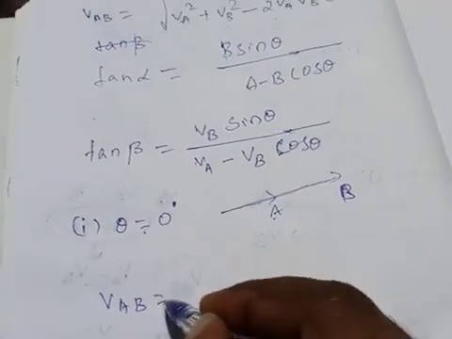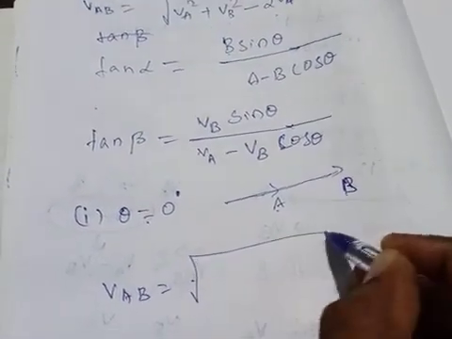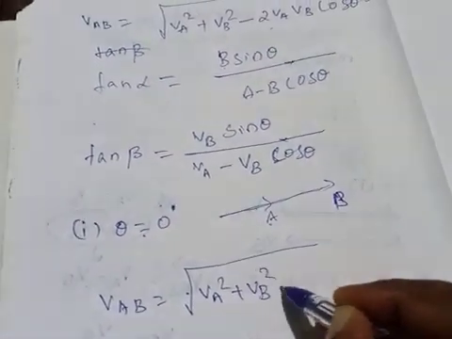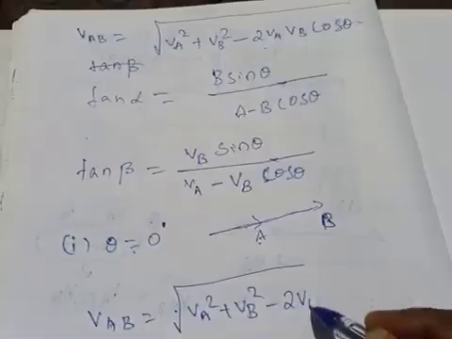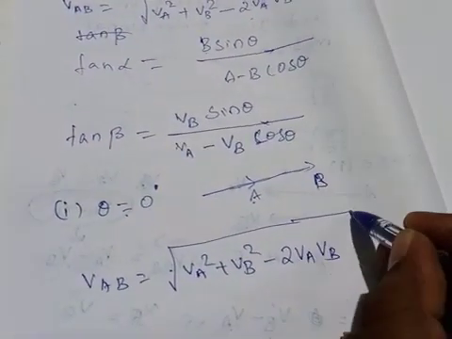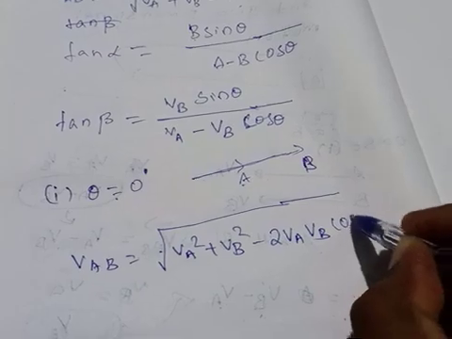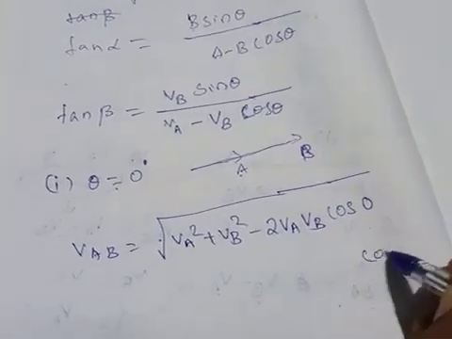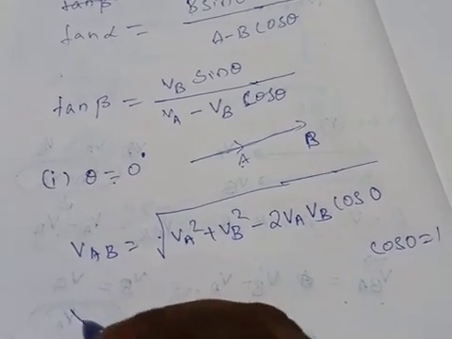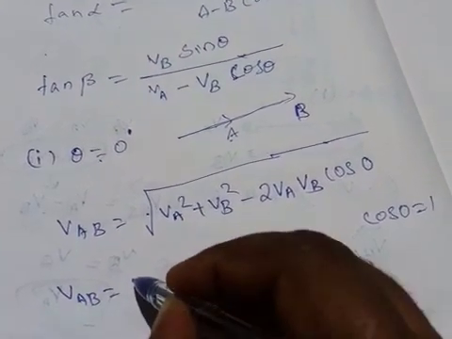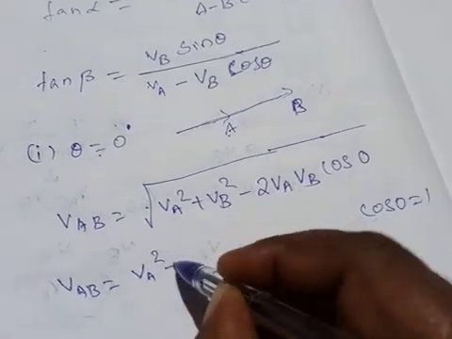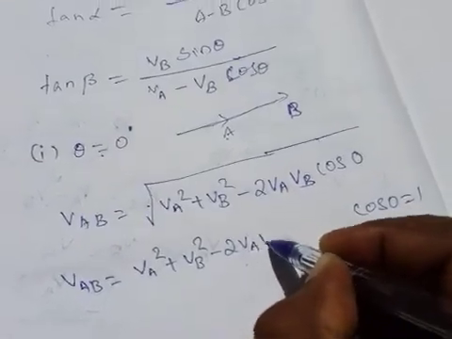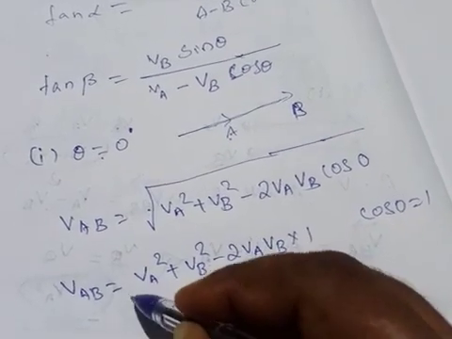VAB is equal to root of VA square plus VB square minus 2VA VB cos theta, with theta 0. Cos 0. We know that cos 0 is equal to 1. So VAB is equal to what will we get? VA square plus VB square minus 2VA VB into 1.